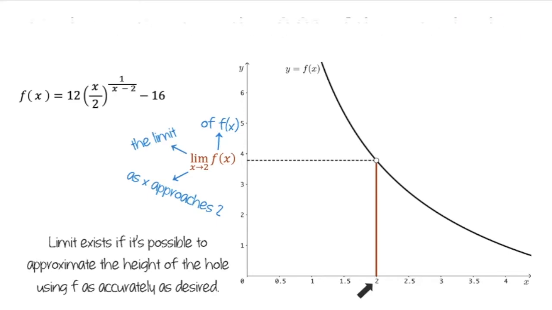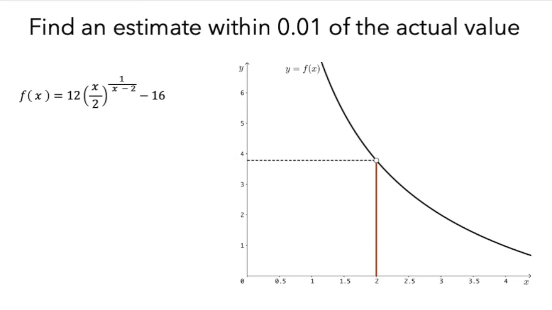Say we want to estimate the height of the hole within 0.01 of the actual value. To start, we'll find an overestimate of the height of the hole. We can see that f is decreasing, so evaluating f using values of x less than 2 will yield overestimates to the height of the hole.